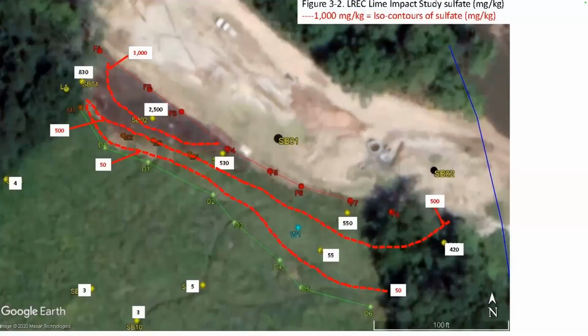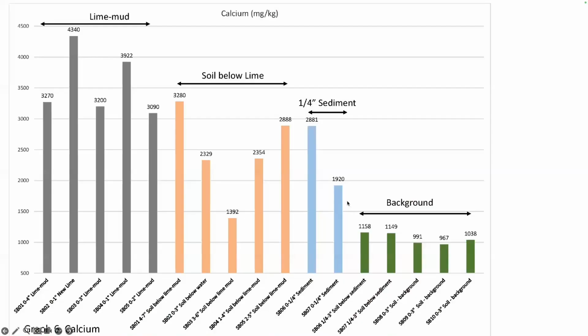So we plotted it on a map just to get an idea of the area of impact. Again, the sulfate levels over here, 3, 5, over here, 2,300, things like that. If you're looking at a contaminant plume, this is the standard stuff to draw out. And then obviously we were worried about calcium levels.